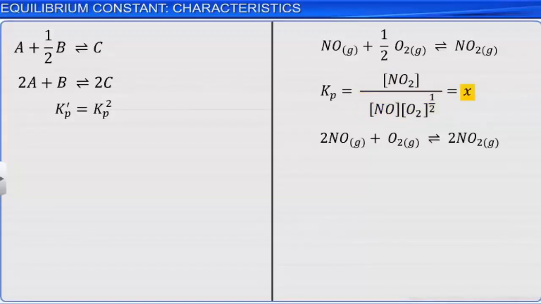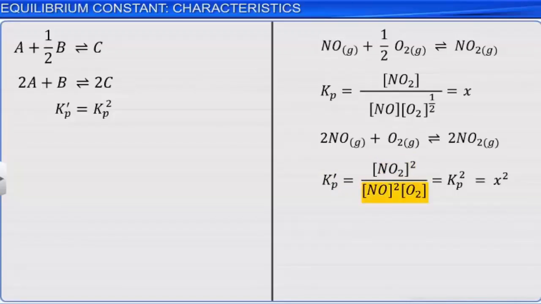The equilibrium constant for the reaction of 2 moles of gaseous nitric oxide and 1 mole of gaseous oxygen combining reversibly to form 2 moles of gaseous nitrogen dioxide may be written as Kp' is equal to the concentration of nitrogen dioxide raised to the power of 2 divided by the product of the concentrations of nitric oxide raised to the power of 2 and the concentration of oxygen, is equal to Kp square, which is equal to x square.